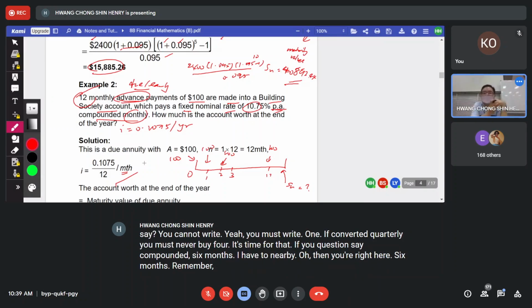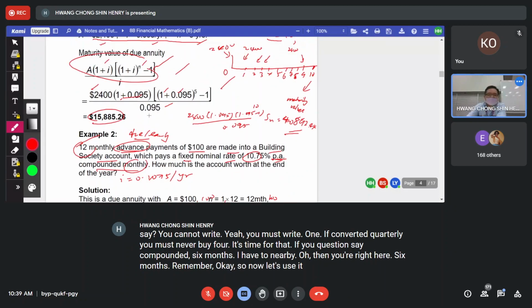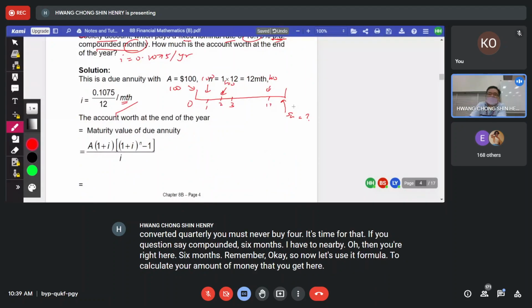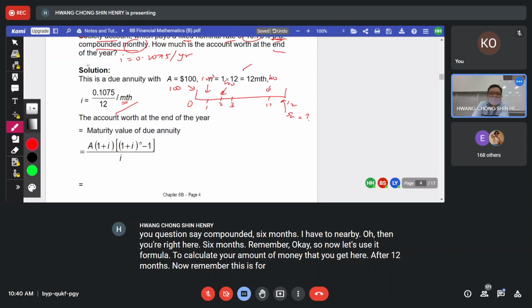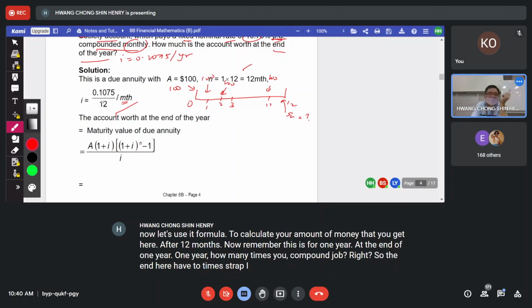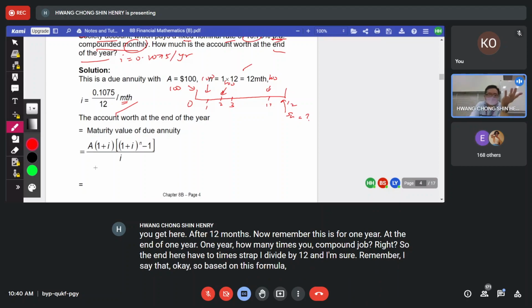Remember? Okay, so now let's use this formula to calculate the amount of money that you get after 12 months. Now, remember, this is for 1 year. At the end of 1 year, how many times do you compound? 12, right? So the n here has to be times 12. I divide by 12, n times 12. Remember I said that? Okay, so based on this formula, what is your A? 100, 1 plus 0... calculator.